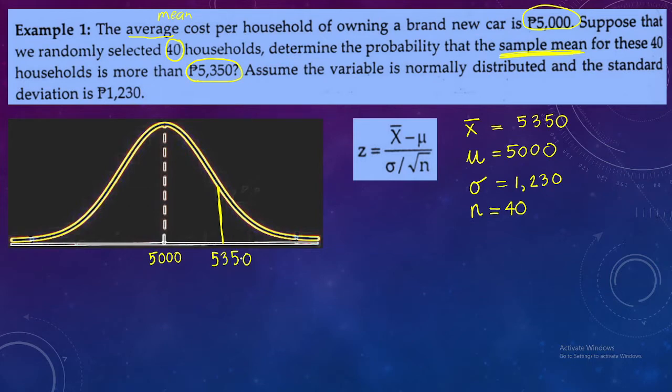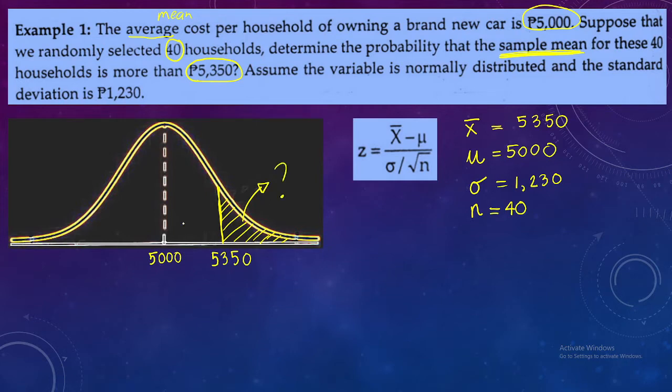Okay? So let us now compute the z because we are looking for, go to our problem, the probability which is more than 5,350. So which part am I going to shade? Is it the left of 5,350 or the right? The right of 5,350. So this area over here represents more than 5,350. So I am going to be looking for this area over here.